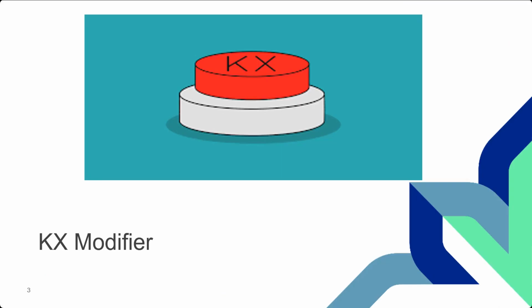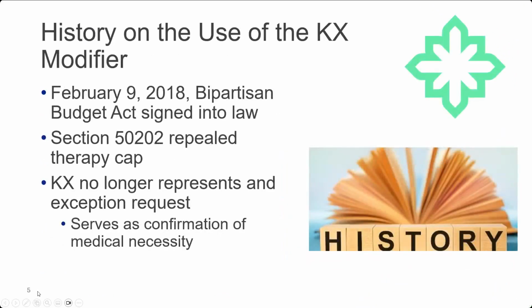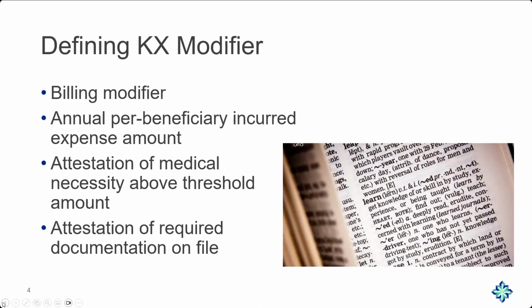So let's start with the discussion of the KX modifier and how that impacts both medical review and payment of services. The KX modifier is actually a billing modifier, and it's appended to your Medicare Part B claims when a patient's outpatient therapy services exceed the annual financial threshold amount.